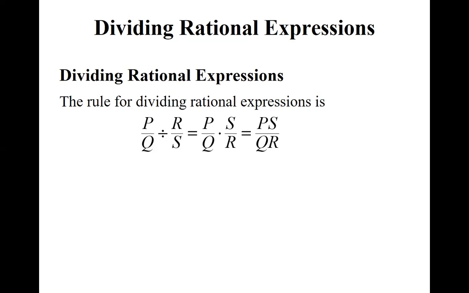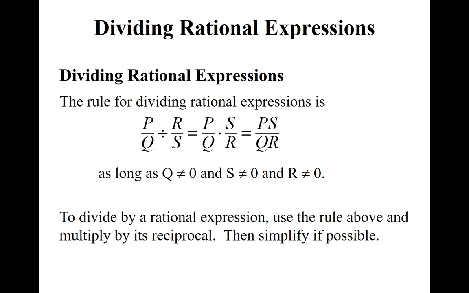So here there's three things that can't be 0. Q, S, and R, three factors that appear in the denominator. So to divide by a rational expression, we use the rule above and multiply by its reciprocal. Keep, change, flip. Then simplify if possible.